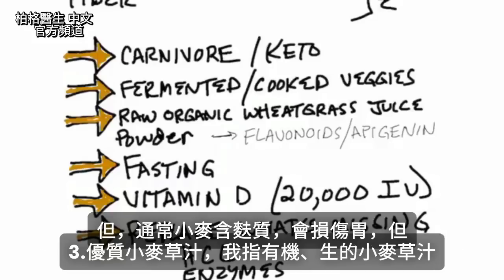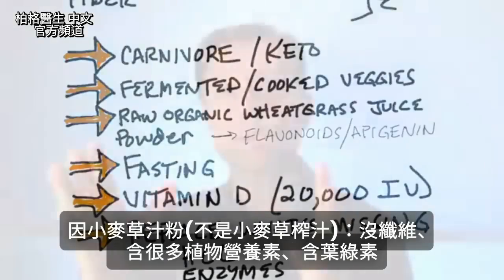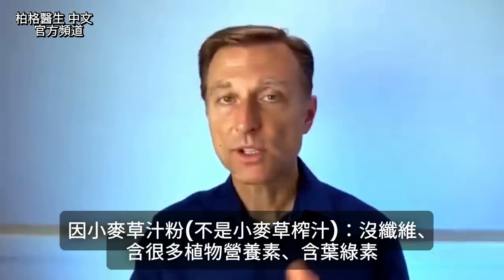However, this is interesting. Normally, wheat has gluten, it'll tear up your stomach. But if you have wheatgrass juice, a high quality, I'm talking organic, raw wheatgrass juice, or its powder, that comes without the gluten. That comes without the fiber, and that can create some major relief in your intestinal tract, especially if there's any problems with ulcers and inflammation or irritation or gastritis, because the wheatgrass juice powder, it's without the fiber.